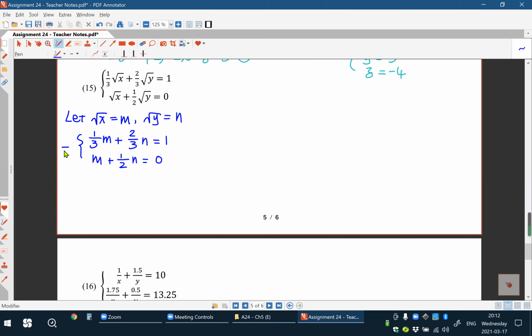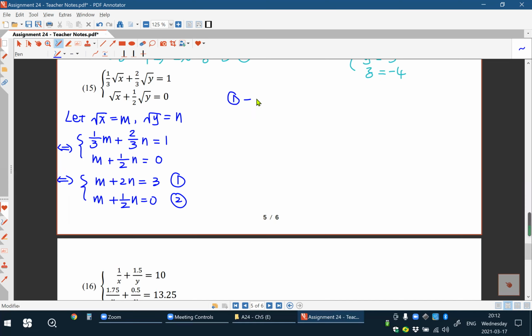Okay, so for the first equation we can multiply both sides by 3. This means m plus 2n equals 3. And the next one, m plus 1/2 of n equals 0. So let's label these with 1 and 2.